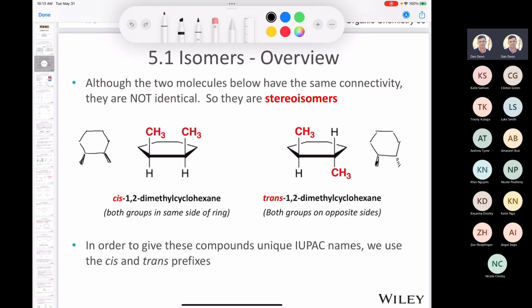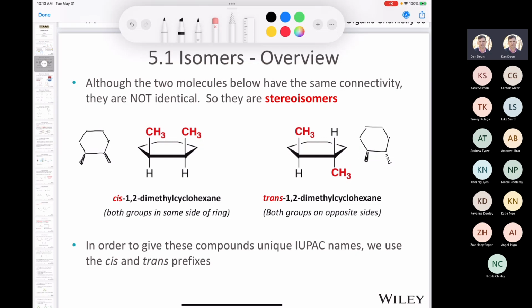These compounds are stereoisomers of each other. It doesn't matter how I rotate them, even though they both have the same connectivity. If I take this compound and try to overlap it on top of here, it does not overlap. The wedges overlap with one another, but the dash and the wedge will not. No matter how I rotate this molecule, there is no way I can superimpose the two.